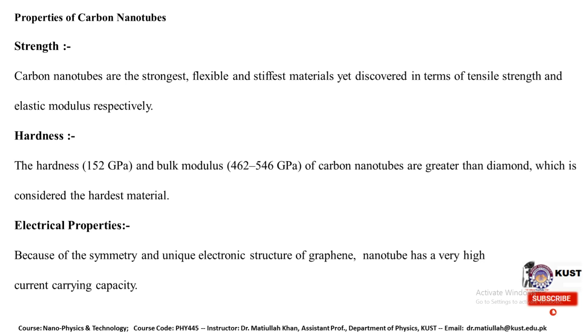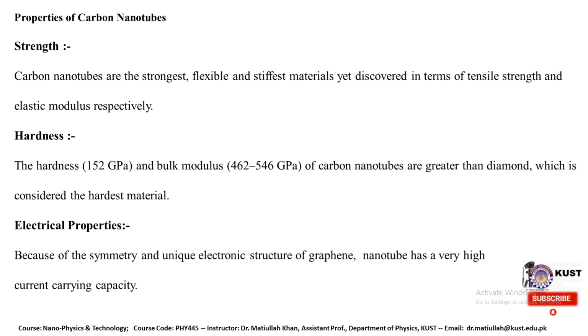If you look at the strength of this material, carbon nanotubes are the strongest possible material, and along with this strength, it is flexible and the stiffest material till yet. Moreover, it has high tensile strength and elastic modulus as well.